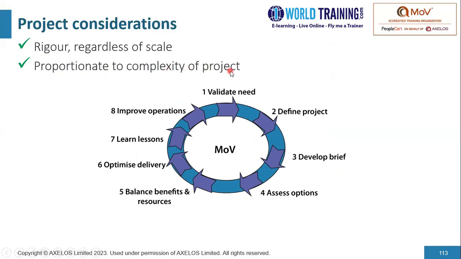MoV is carried out throughout the life cycle of the project, while validating the need for the project, defining the project, developing the brief, assessing options, balancing benefits, optimizing delivery, learning lessons, and improving operations. If you remember, there was a slide wherein we looked into the project life cycle and how MoV focuses on delivering value at each of those phases of the project life cycle.